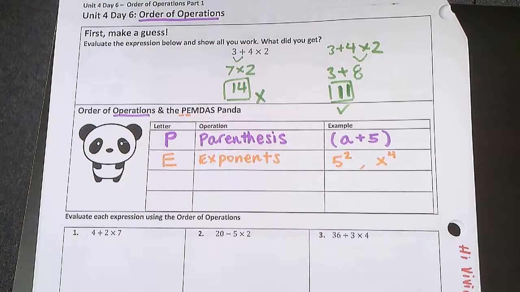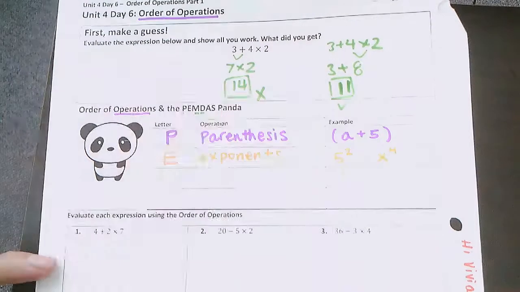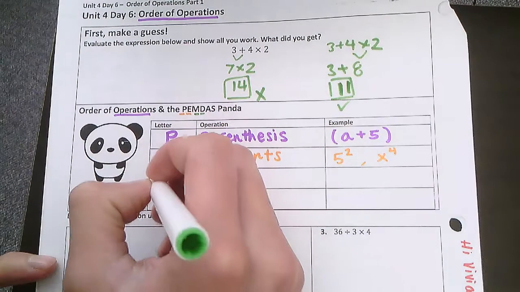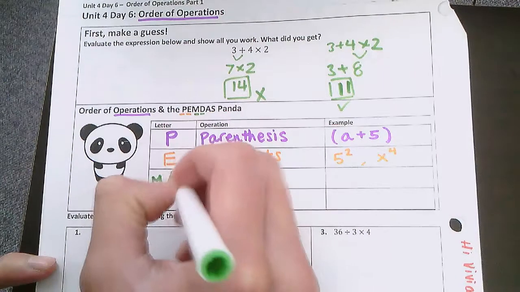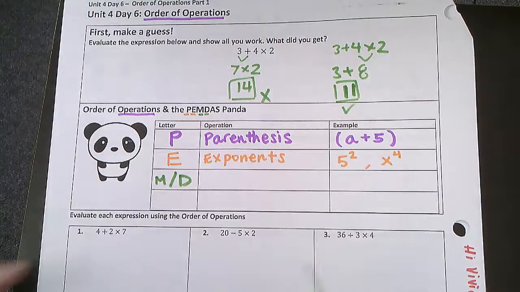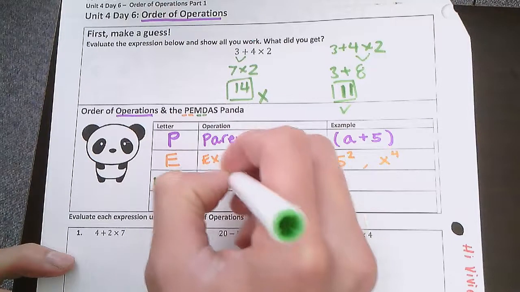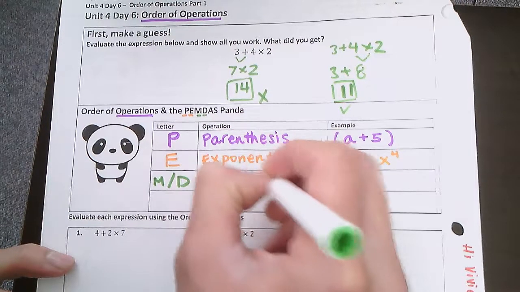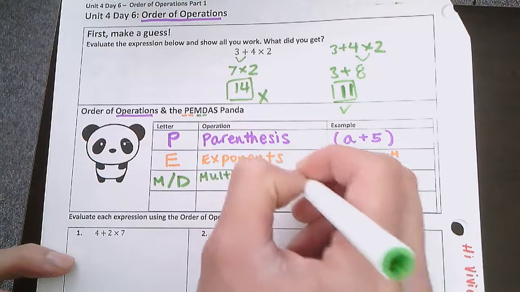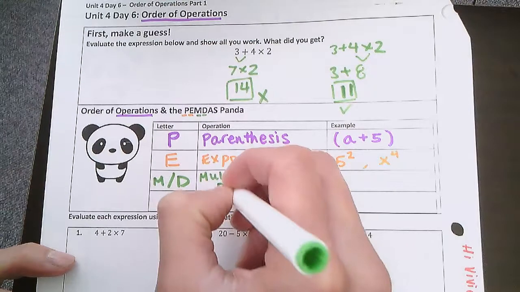The next one is our M and our D. So we're going to do MD of PEMDAS. And the M stands for multiplication, and the D stands for division.